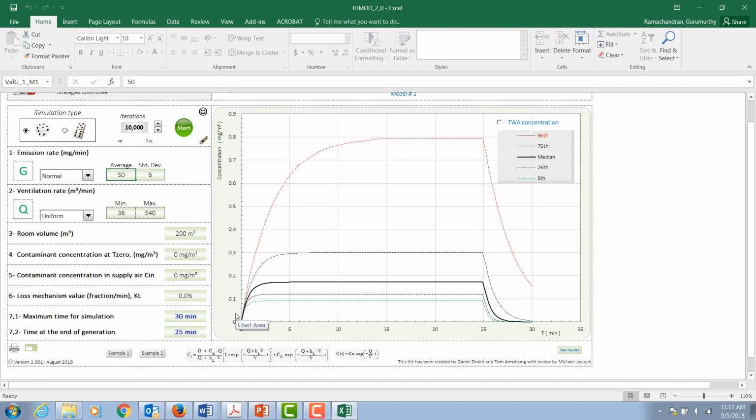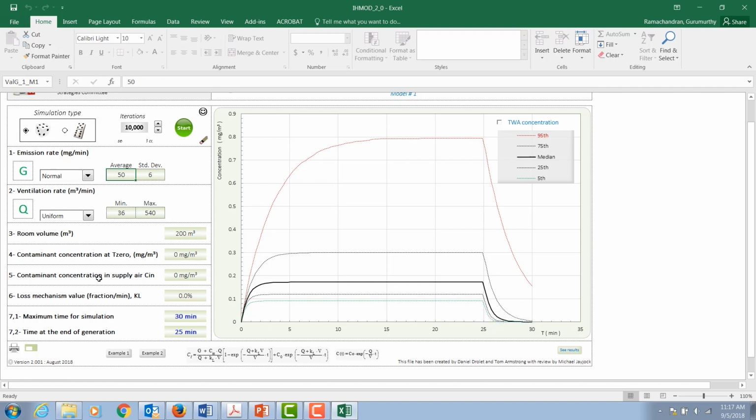So what this plot is showing is not only the median output, which is the middle value of the range of outputs that we can expect, but also the 95th percentile of the outputs, as well as the 5th percentile of the outputs.